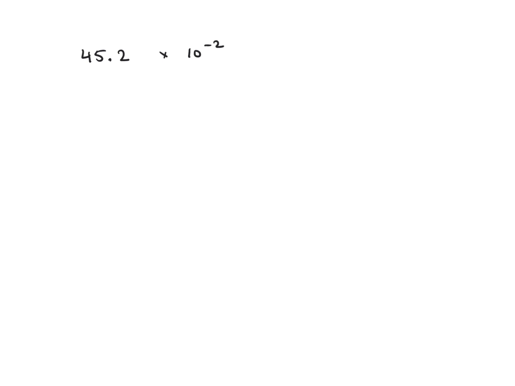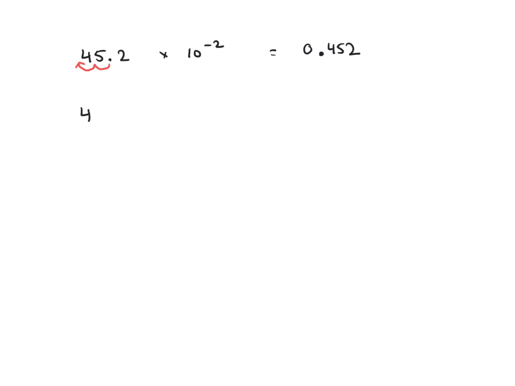The shortcut was for when the exponent was negative 1, but if the exponent's negative 2, we apply it twice. That means sliding the decimal point over two spots, 1, 2. So the answer will equal 0.452, and we're going to throw a 0 in front just to make it easier to read.